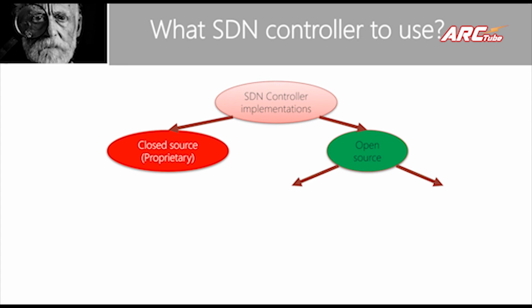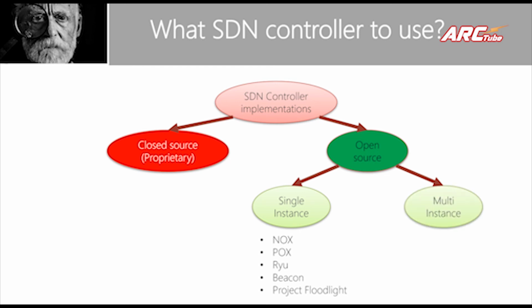Now, within open source, we can actually categorize SDN implementations as single instance SDN control implementations, which includes early SDN controllers like NOX, POX, Ryu, and then Beacon, and also Project Floodlight. These are called single instance SDN controllers because you run just a single instance of the control function.